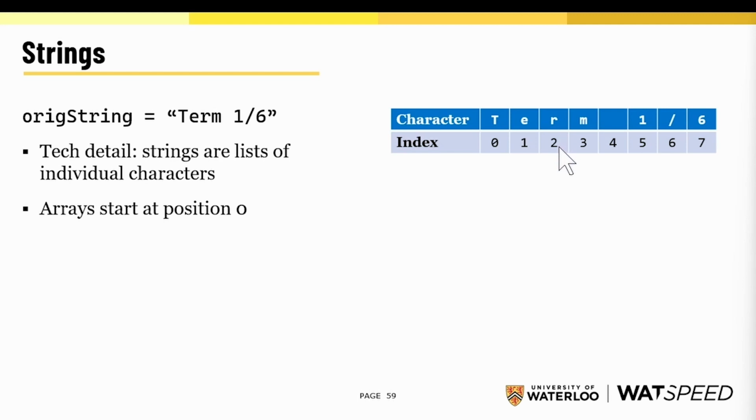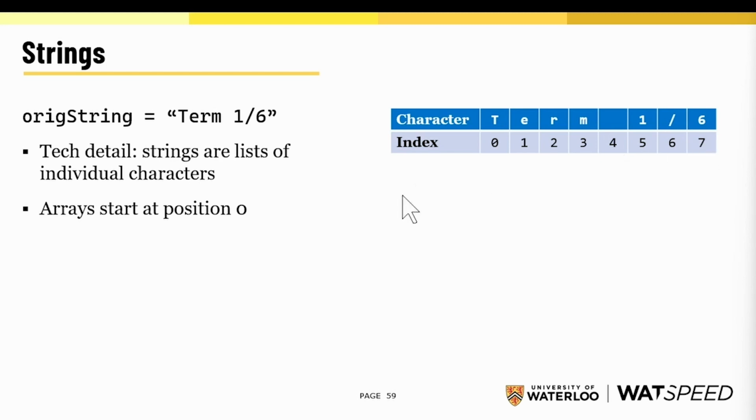The third character at index 2 is lowercase r, and so on. For all of our work terms, we want this character at the 6th position, or index 5. So we want to slice off all the characters from positions 0 through 4 and 6 through 7.